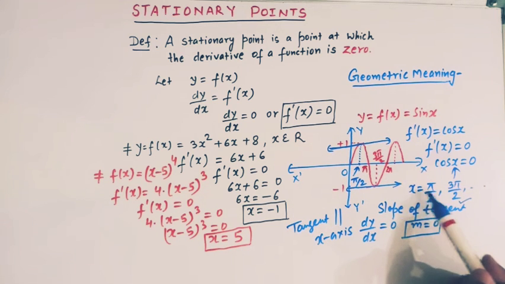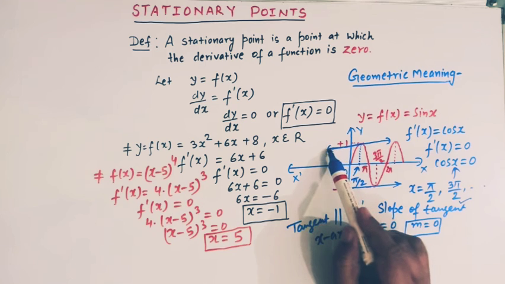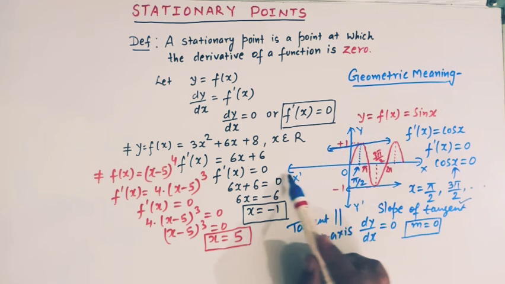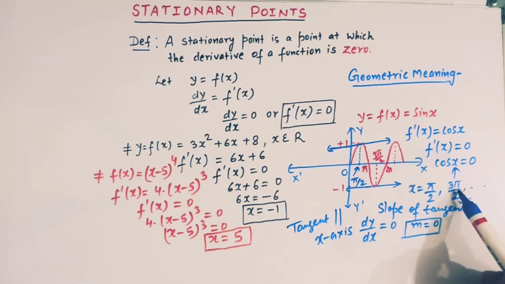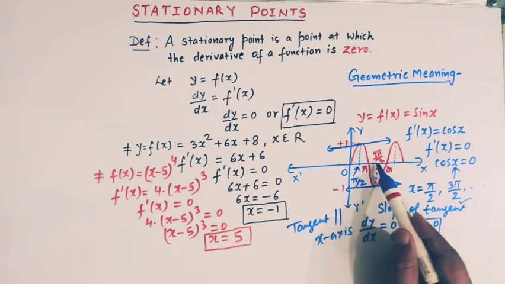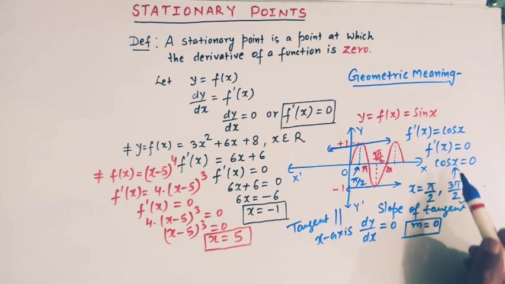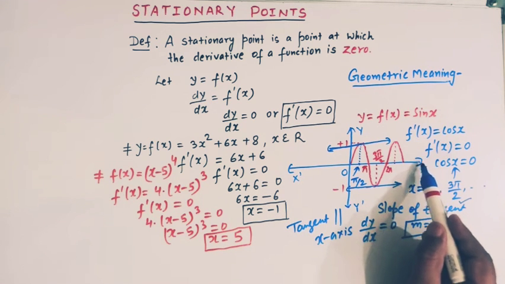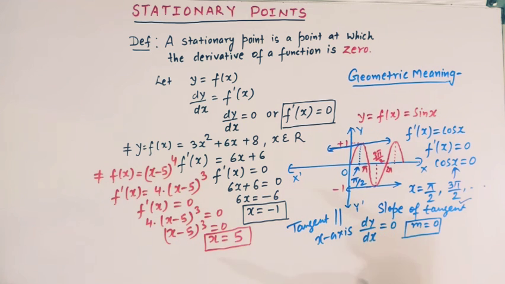At x equal to pi by 2 this is the tangent, and this tangent is parallel to the x-axis, and at x equal to 3 pi by 2, the tangent is again parallel to the x-axis. So at stationary points, the tangent is parallel to the x-axis, or in other words, the slope of the tangent is equal to 0.